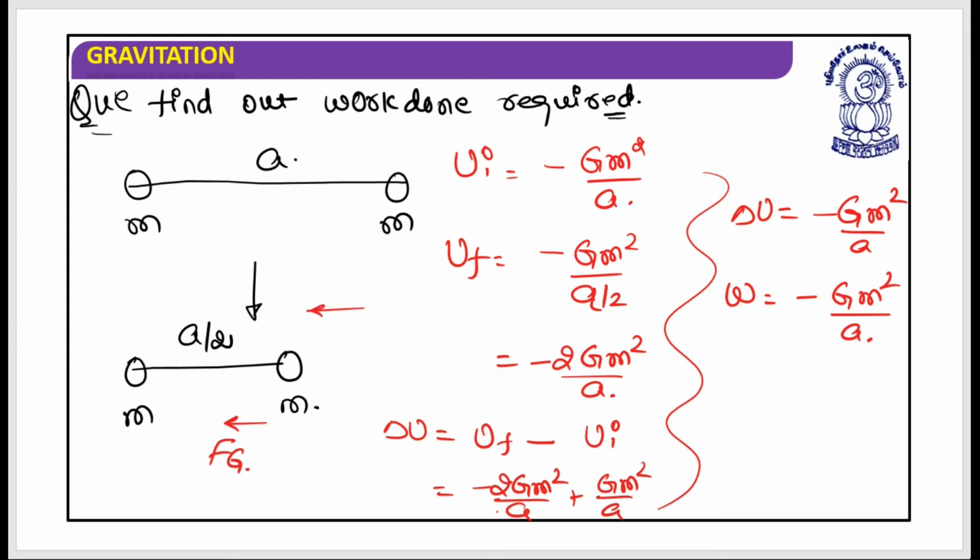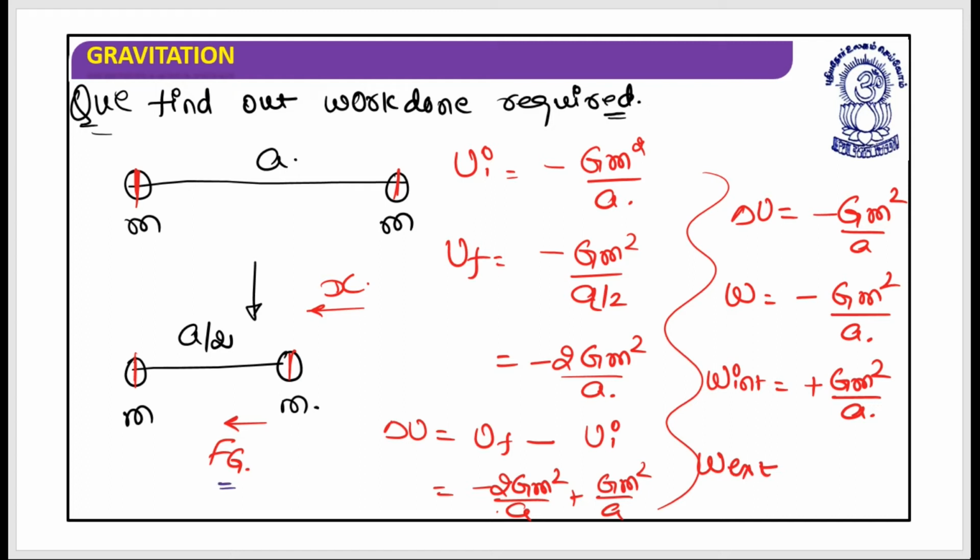Even the displacement of the particle is in this direction. How could I come to know? Because initially the separation was A, now the separation is A by 2. So the work done due to internal force in this situation is positive, plus GM square by A. And the work done due to external force, what would be its direction?